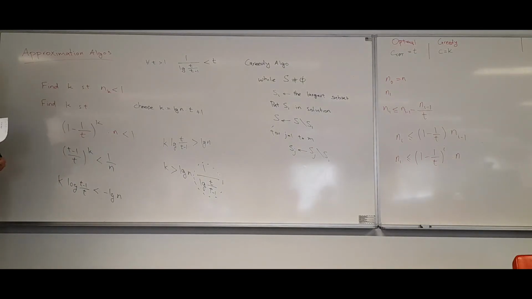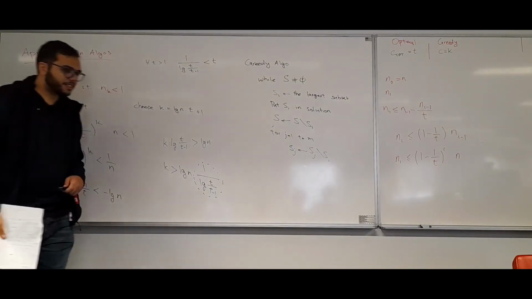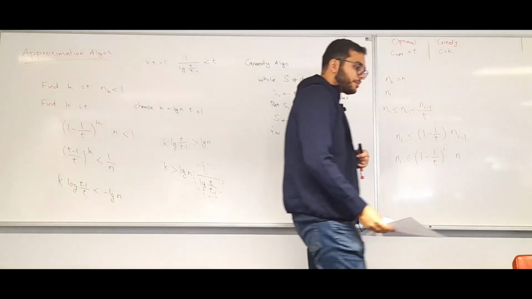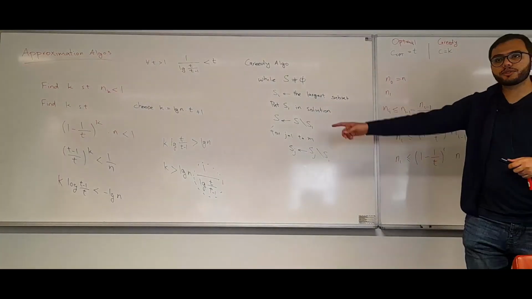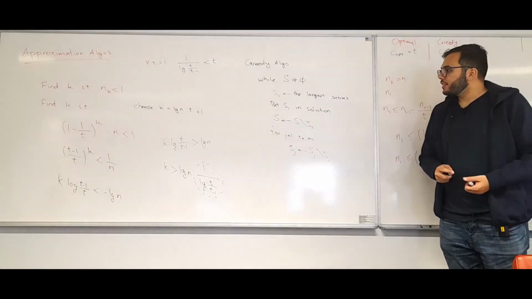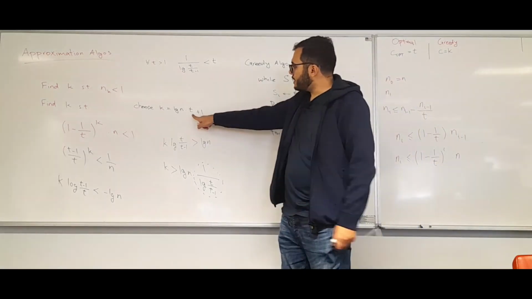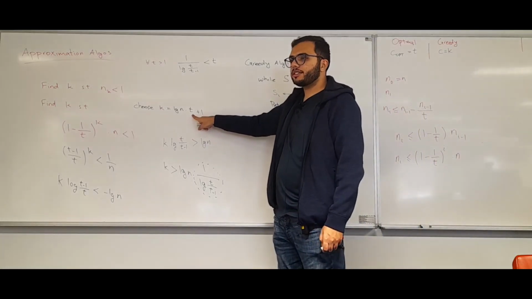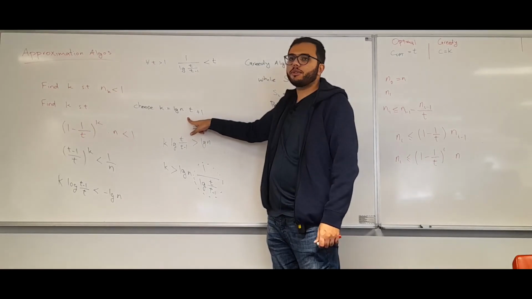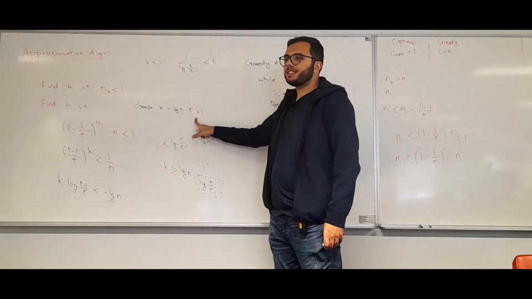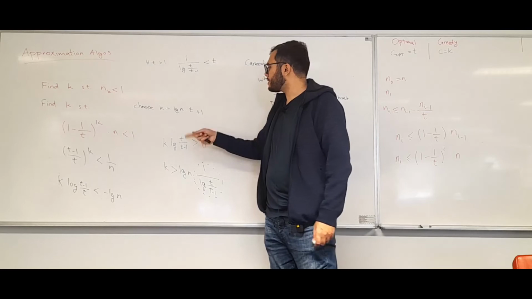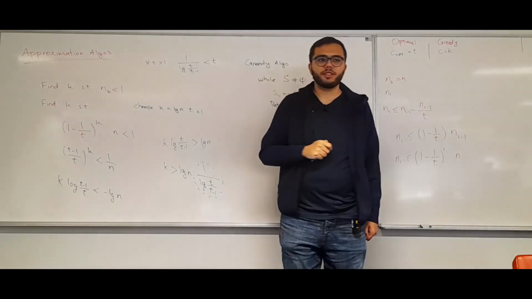If I choose k to be this, then I can be sure that the answer that my greedy algorithm finds is at most k. But this was the optimal answer. So my answer is at most log n times the optimal answer. Of course, you have a +1 as well, but that doesn't really matter that much. You can just say O(log n) times the optimal answer.